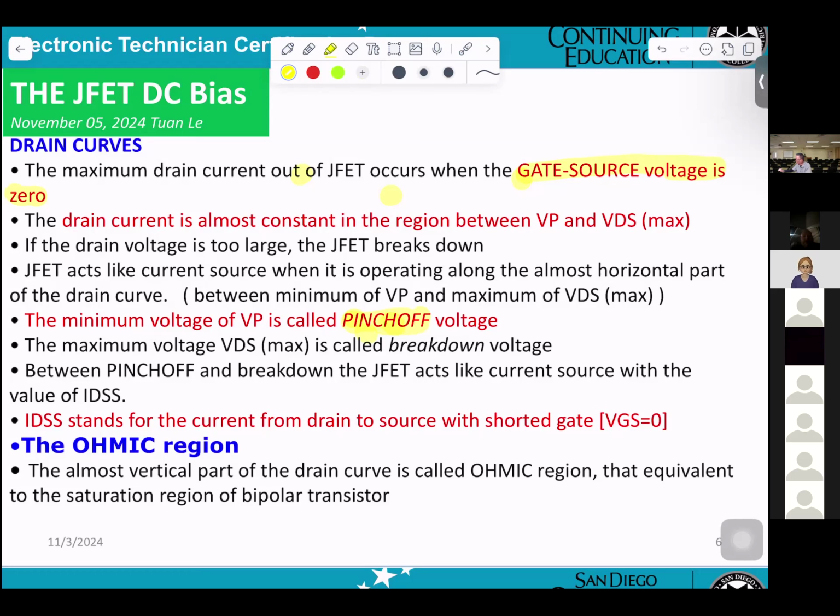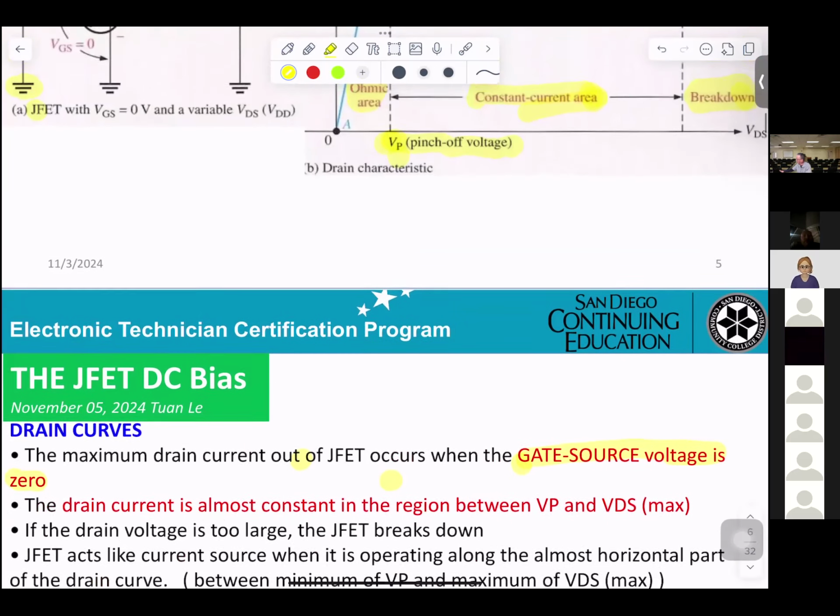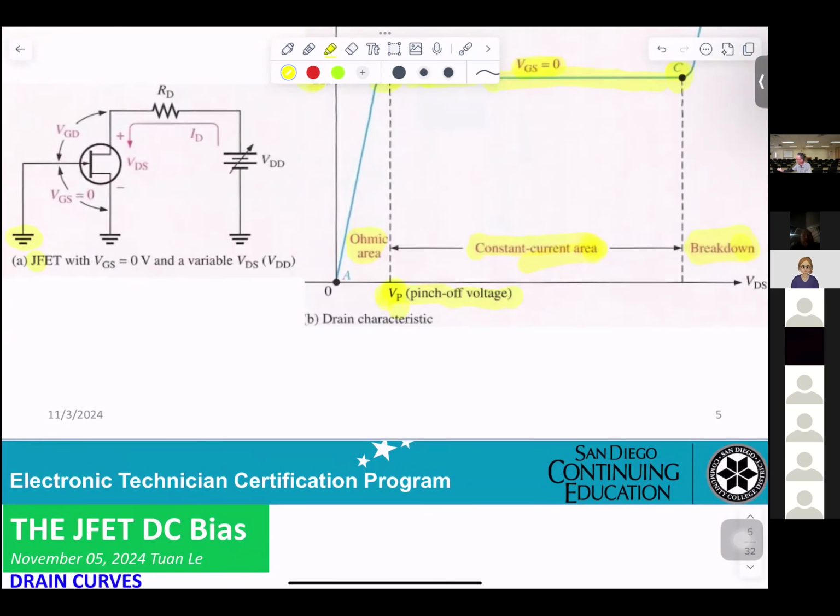The maximum VDS equals the breakdown. That's already telling you. Minimum VP here is the pinch off voltage, and the maximum of VDS is the breakdown voltage.